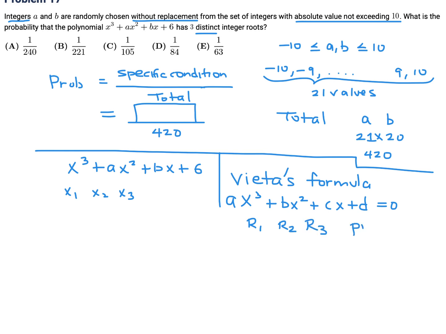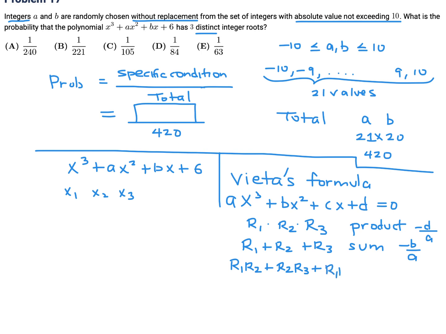The product of the roots is given by minus d over a. The sum of the roots, r1 plus r2 plus r3, is given by minus b over a. And the sum of the products, which is r1 times r2 plus r2 times r3 plus r1 times r3, is given by c over a.